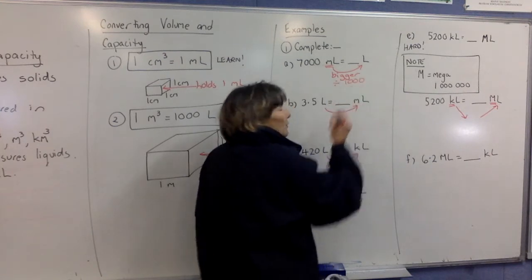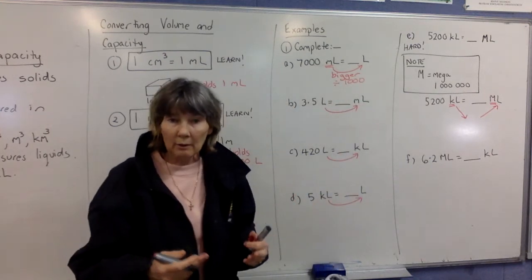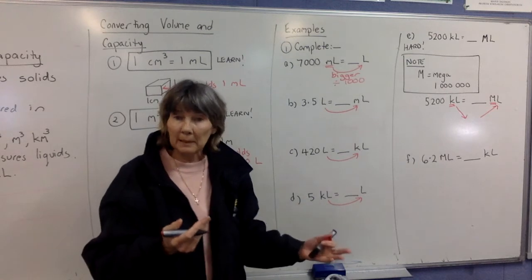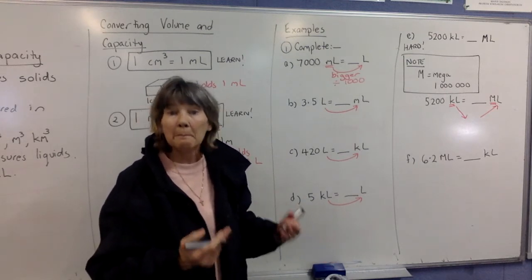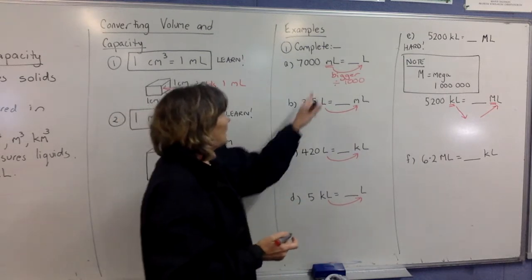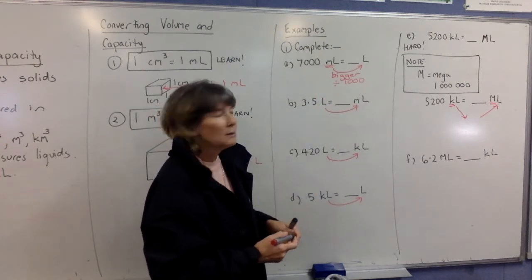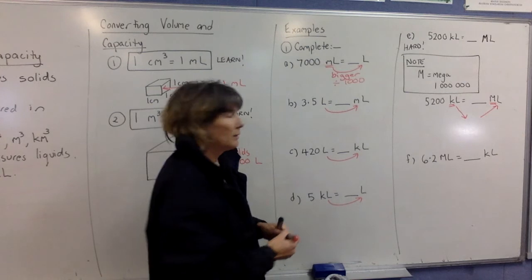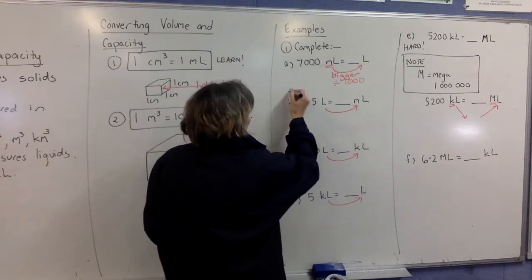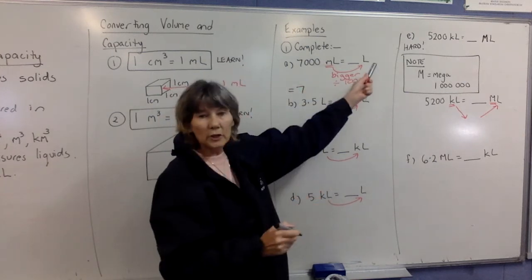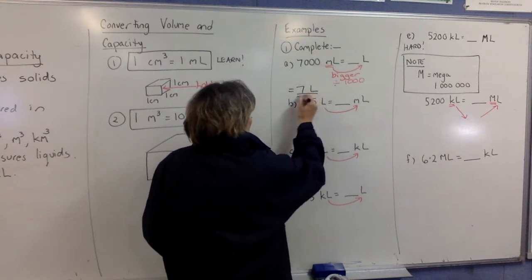We know these prefixes from when we did length. Okay, we had to do from metres to millimetres or millimetres to metres. Milli means 1,000. So when we do on our calculator 7,000 divided by 1,000, it gives you an answer of 7. So you can now write equals 7 and then just write your litres on the end.